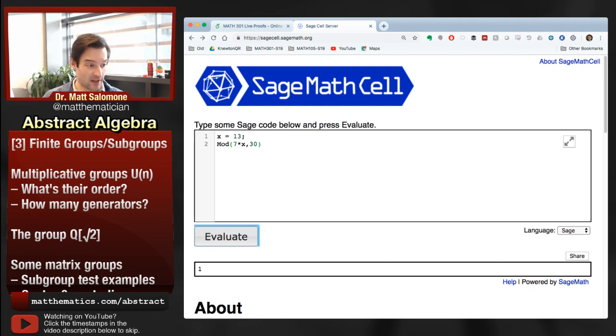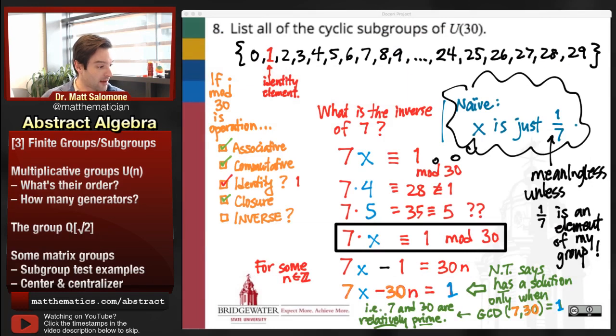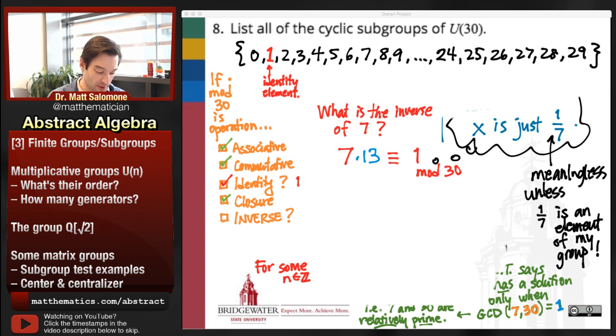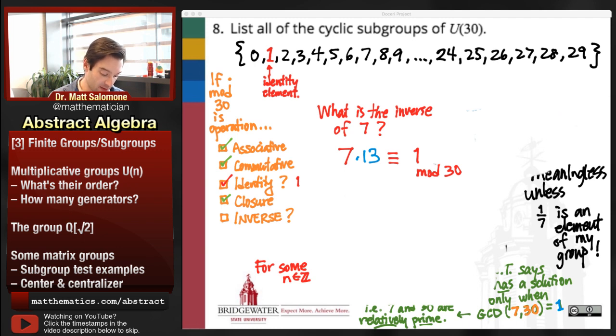So coming back to our scratch work here, 7 times 13 is congruent to 1 mod 30. And that was possible, once again, if we believe the result from number theory, because 30 and 7 were relatively prime.